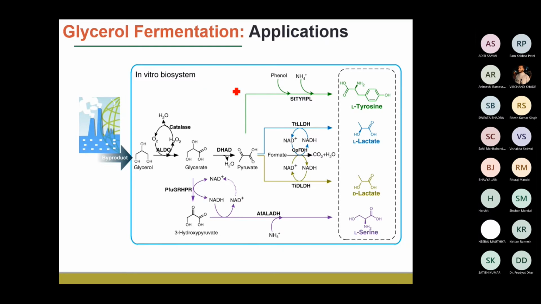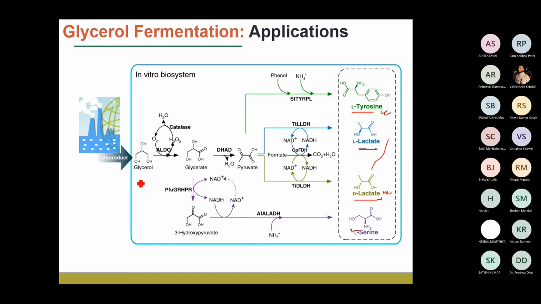There are many types of amino acids, especially L-tyrosine, and then we have L-serine, and other types like D-lactate or L-lactate. These lactates, or lactic acid, and these amino acids have several applications as food supplements or feed supplements for animals, and especially in humans we have a lot of food supplement applications of these derivatives.